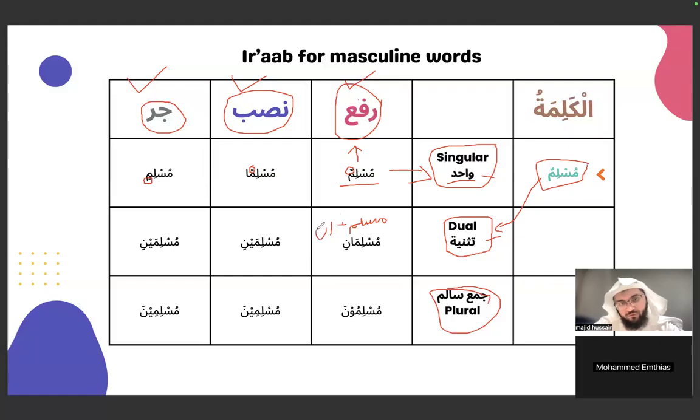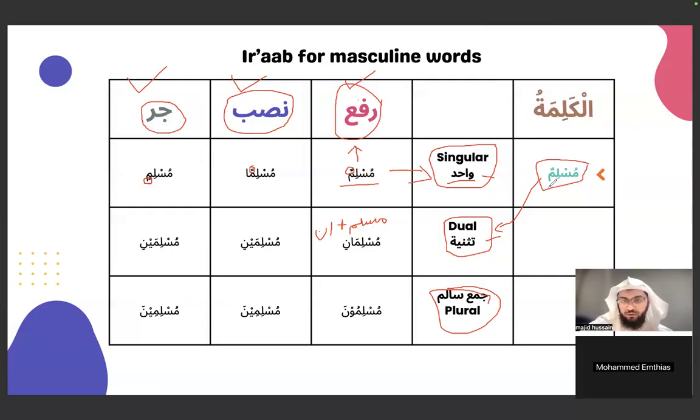Like for example, there are many examples in the Quran, like Rajulani. This is also a state of dual. Alif and noon is added extra to it. These are extra letters you add to give the tathniya, dual meaning, in the state of Rafa.